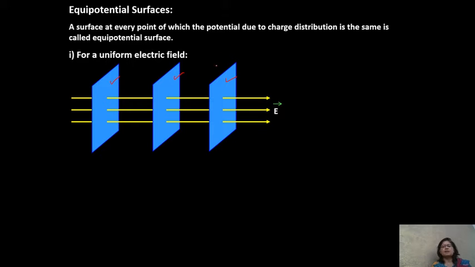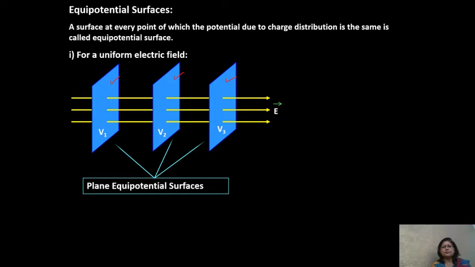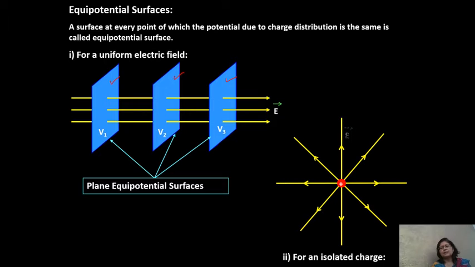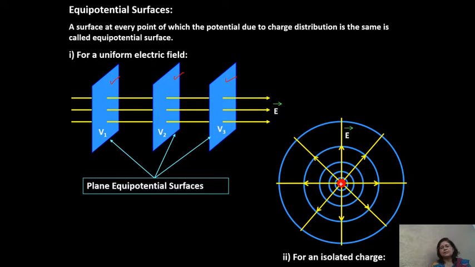Plane surfaces are equipotential surfaces. When you plot an equipotential surface for an isolated charge, then these concentric surfaces are equipotential surfaces. It is of plus charge.